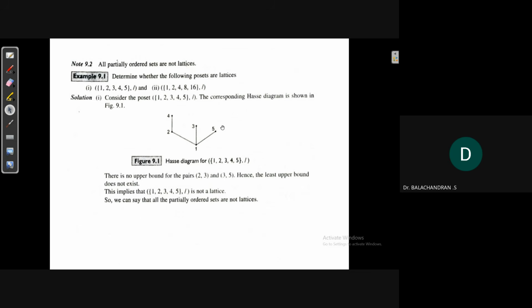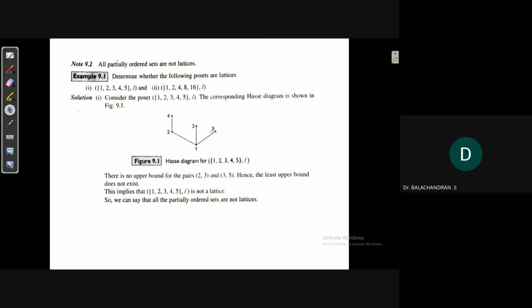Similarly, for 3 and 5, there is no upper bound, and hence no least upper bound. So this set together with division is not a lattice, but it is a partially ordered set.